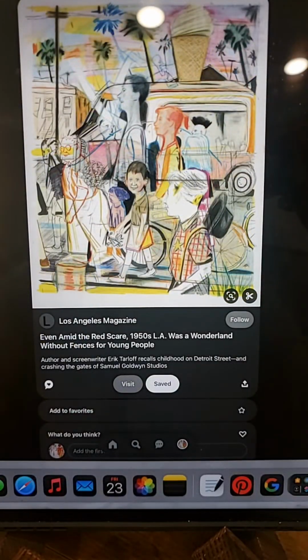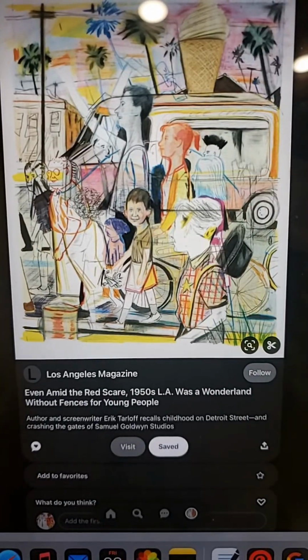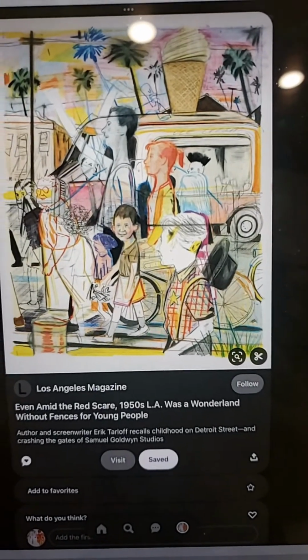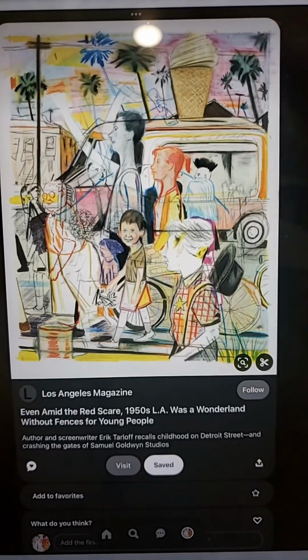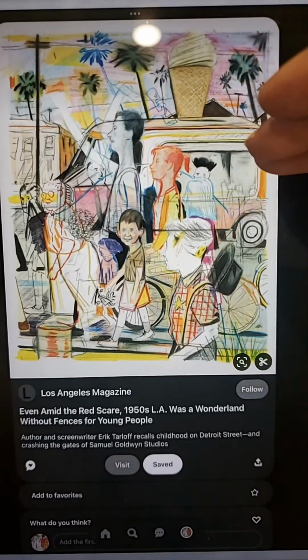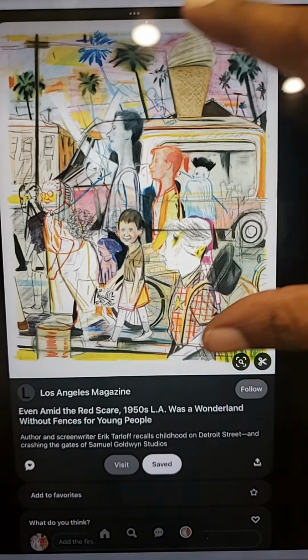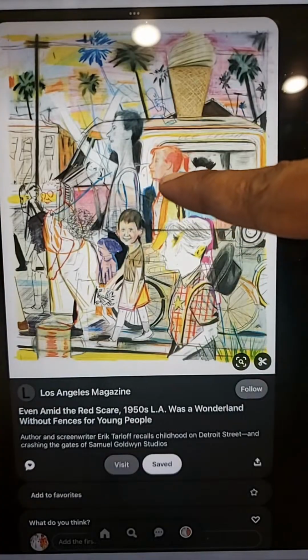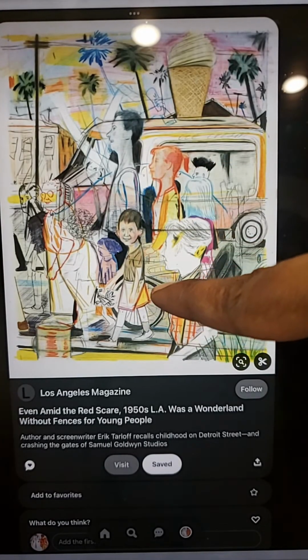visually interesting images. This is another one, as you can see, varied scales, right? There's clearly foreground, middle ground, and background, but there are also these larger images or people in the image.